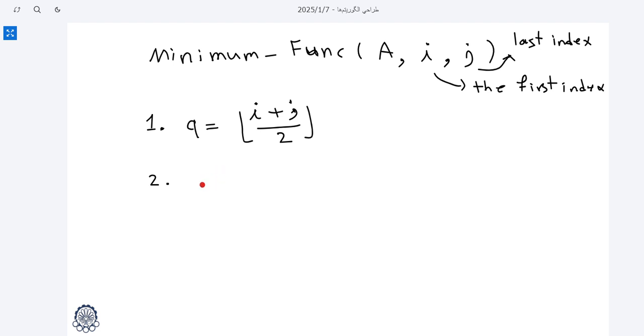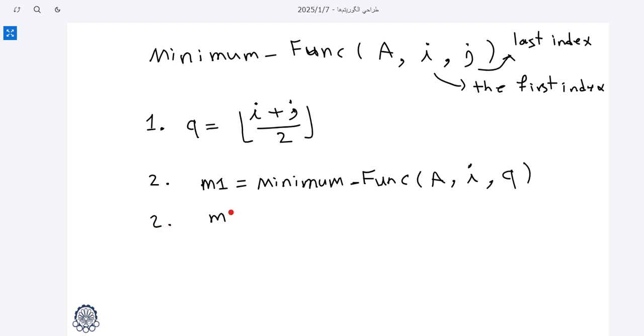Then we should do the second step of the approach, which is calling the algorithm recursively for the subproblems. So we do this here. We call minimum function, minimum func, for the first part, which is from index I to index Q. Q is the middle index which we computed in the first step.